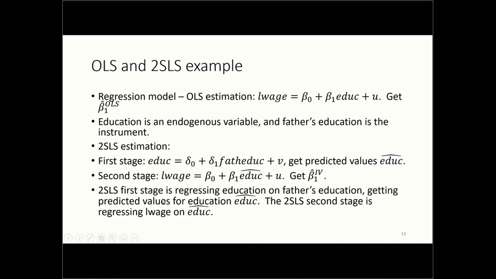So again, to summarize, the two-stage least squares first stage is regressing education on father's education, getting the predicted value for education, which is education hat, and then the two-stage least squares second stage would be regressing log wage on education hat, and that's how we obtain the two-stage least squares coefficient.